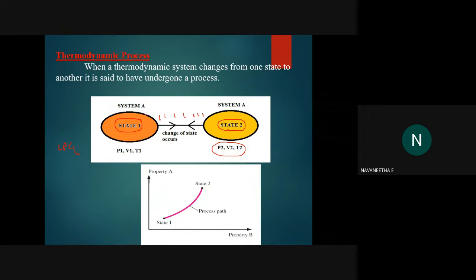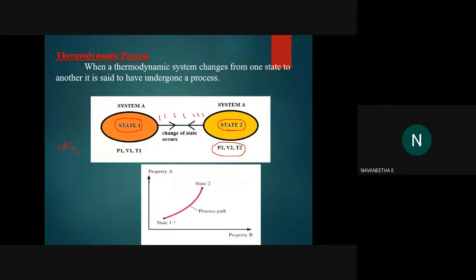We can interpolate these states with the help of a graph, and that line is called a path. So path is a line which we create by interpolating the intermediate states from state 1 to state 2, using the points of every state on a graph.